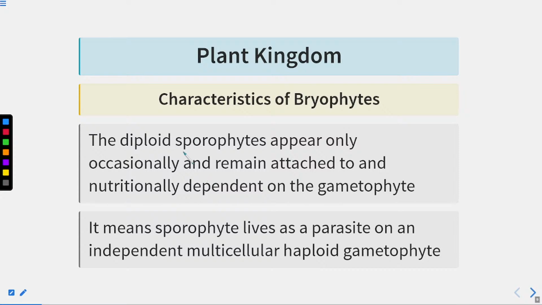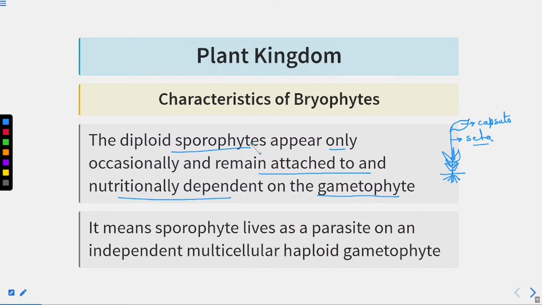The diploid sporophytes appear only occasionally and remain attached to and nutritionally dependent on the gametophyte. In the previous slide you saw the leafy structure, the stem-like structure, and the rhizoids, which show the root-like structure. At the top they have the capsule, and this is the seta, the stalk-like structure.